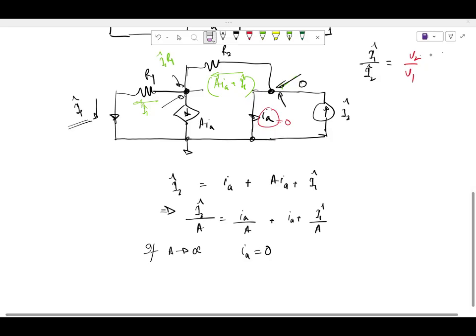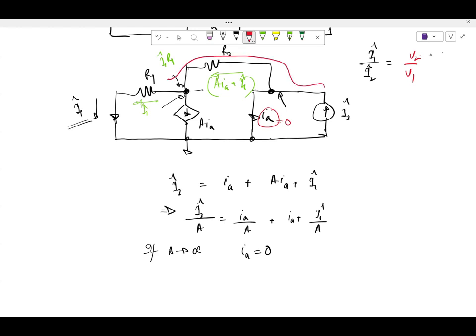The better way to look at it is this. Now, if IA is 0, I know that this current completely flows through this path. And I know for sure that this voltage is 0, and this voltage is I1 R1.